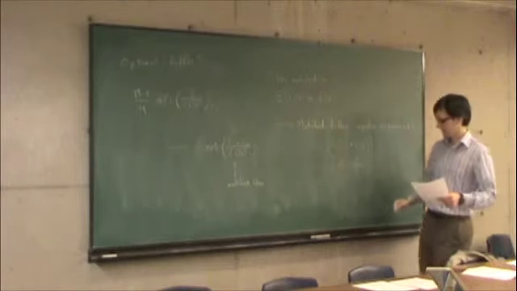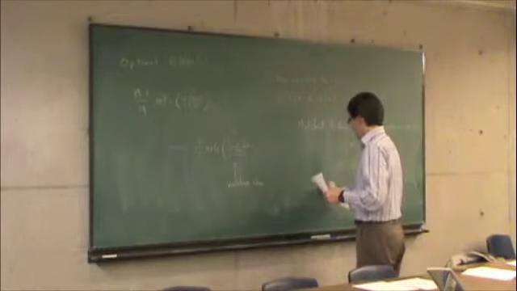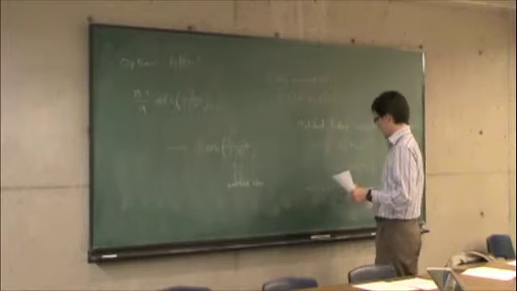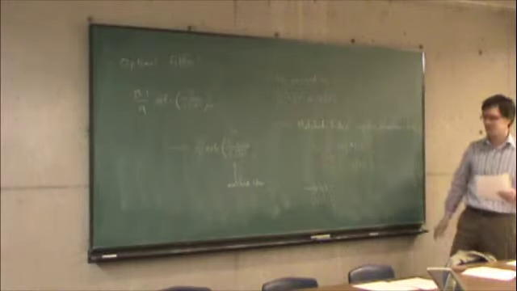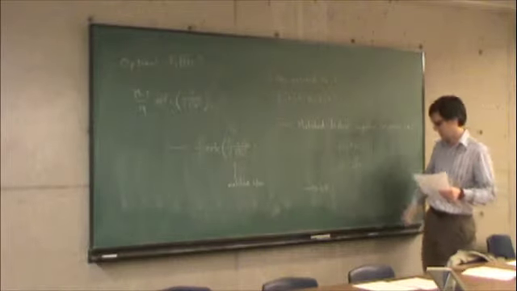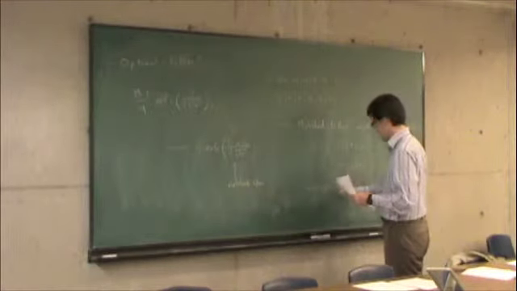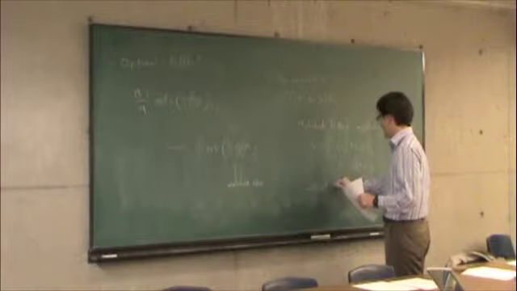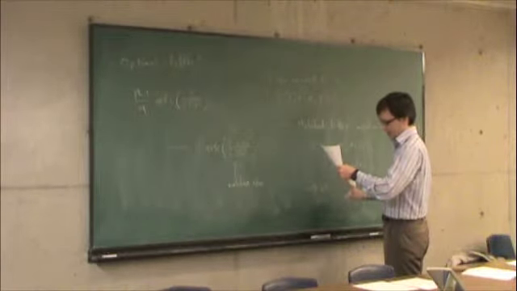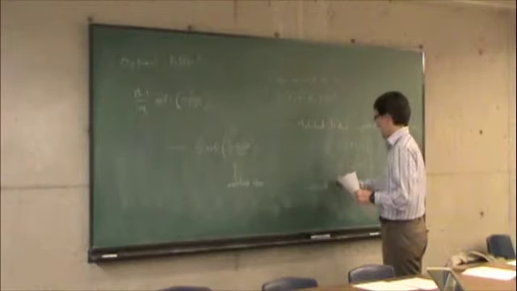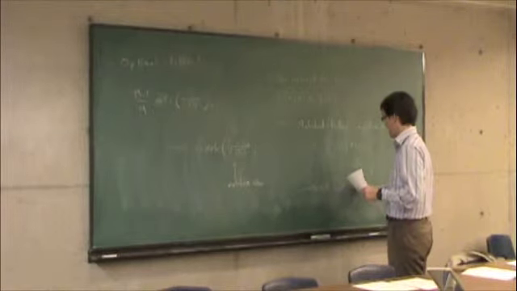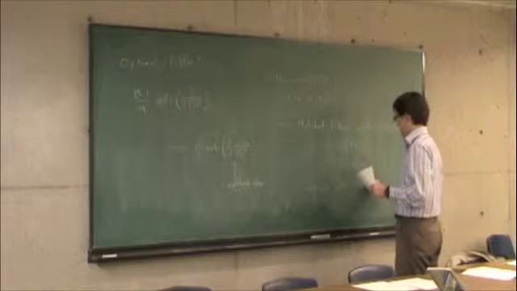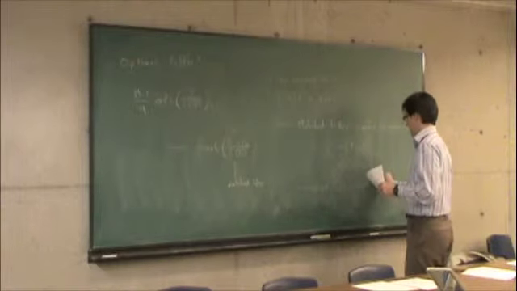But remember, I used this trick before. I rearranged my h's so that I didn't have this awkward expression. Let's let h hat of k be equal to h of N_B minus k.